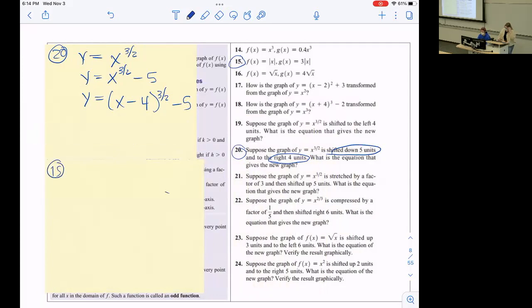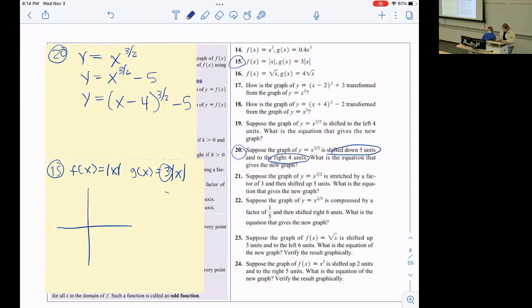So f of x equals the absolute value of x. And then g of x equals 3 absolute value of x. So right here, we're going to have a stretch of 3 units.